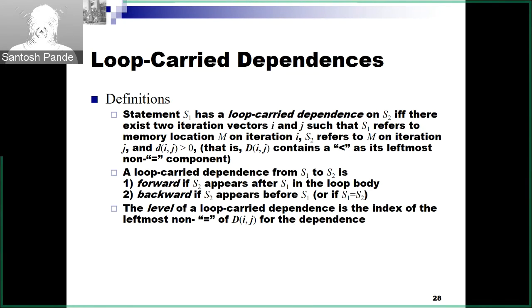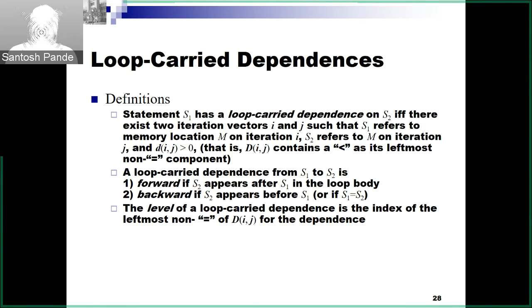It is carried from S1 to S2, and it is forward if S2 occurs after S1 in the loop body in the lexical sense, and we have these two iterations and the dependence distance is greater than 0, or the dependence direction vector has less than as its leftmost non-equal component. The level of loop carried dependence is the index of the leftmost non-equal part of the dependence, which basically means that the dependence is being carried by that particular level of the loop nest.